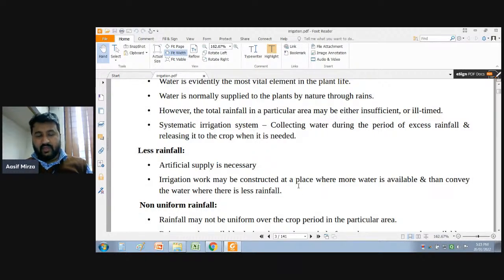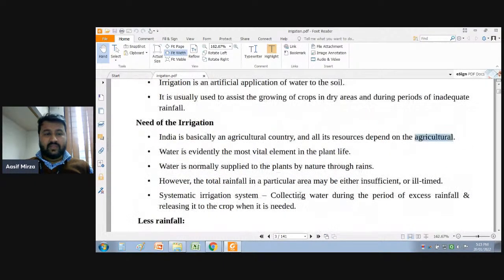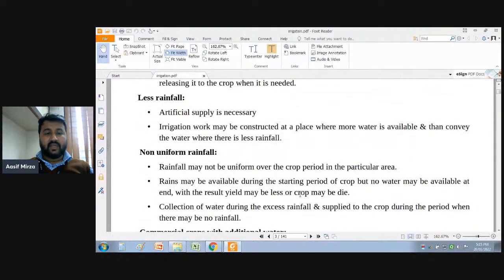In the form of dam construction or weir construction or any other form, we can raise and store the water, and supply that water to the area where less rainfall occurs.